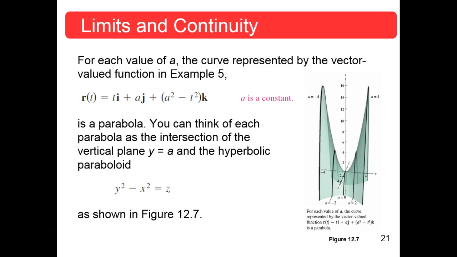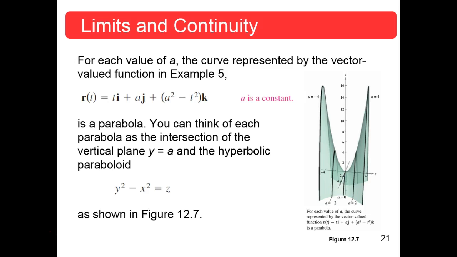As a parabola, you can think of each parabola as the intersection of the vertical plane y is equal to a and the hyperbolic paraboloid, y squared minus x squared is equal to z.